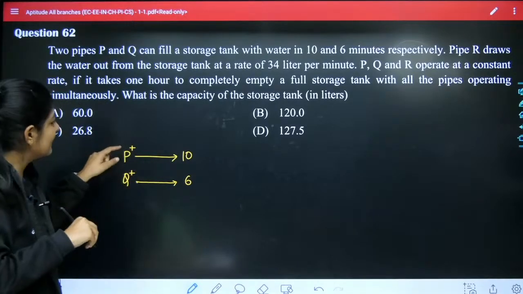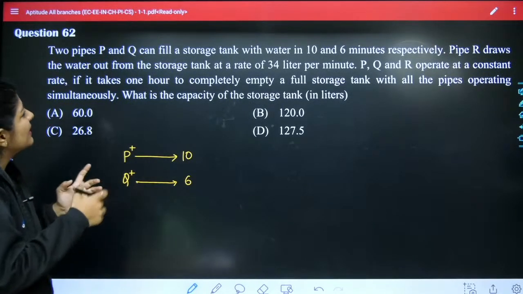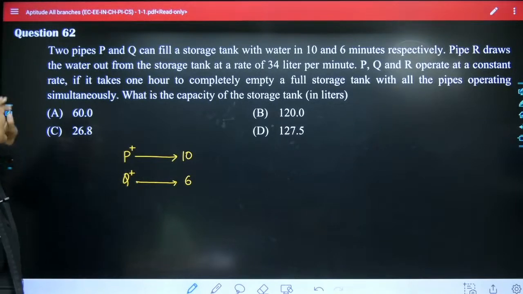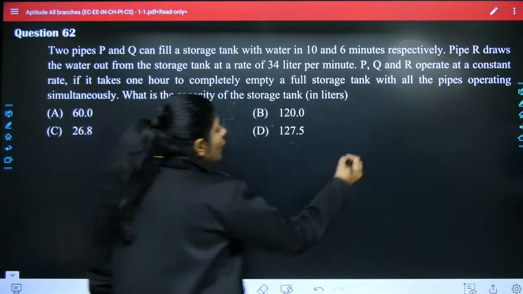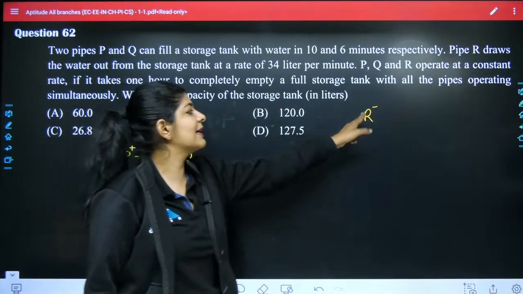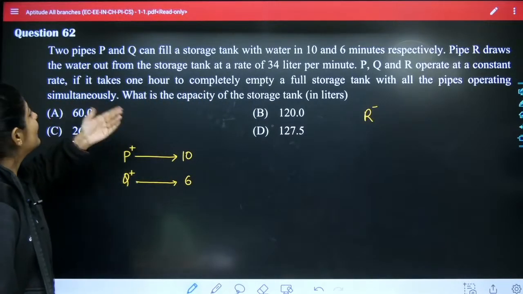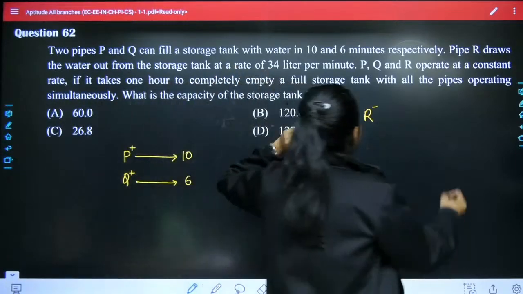Pipe R draws the water out from the storage tank. R is used just to empty the tank, so we can write it as R minus, and it draws out water at the rate of 34 liters per minute.